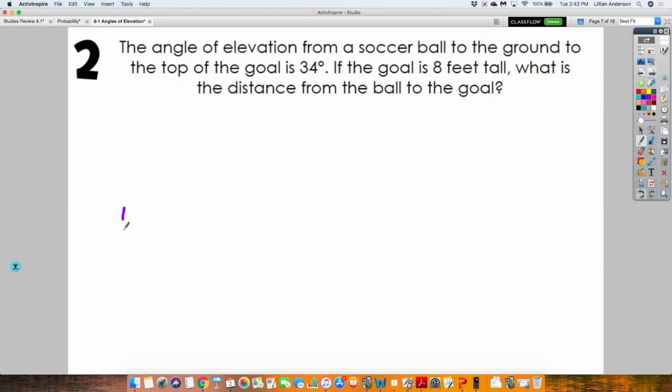I need the ball. I need the goal. The goal is going to represent that height, that vertical side. That's not vertical, let me try to not draw off to the side.